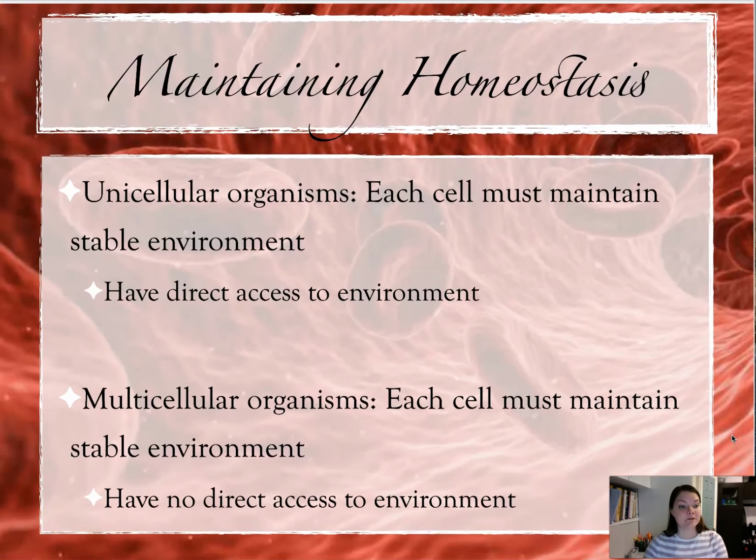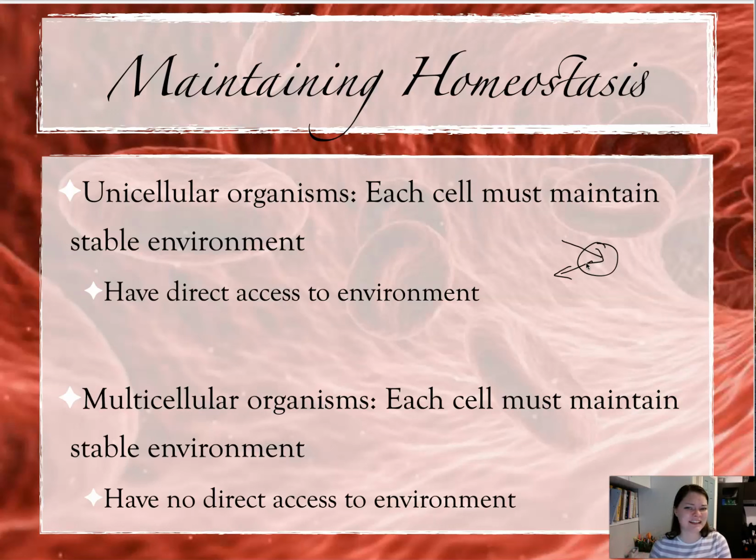So to recap this, the most important thing to understand is that every single cell, whether it's in a unicellular or multicellular organism, has to be able to maintain homeostasis. In a unicellular organism, the cell is in direct contact with the environment. So that one single cell is able to exchange materials, get the nutrients that it needs, and get rid of wastes.